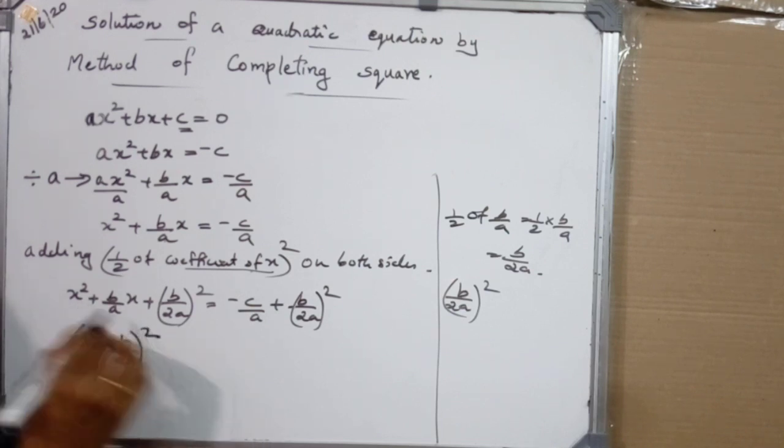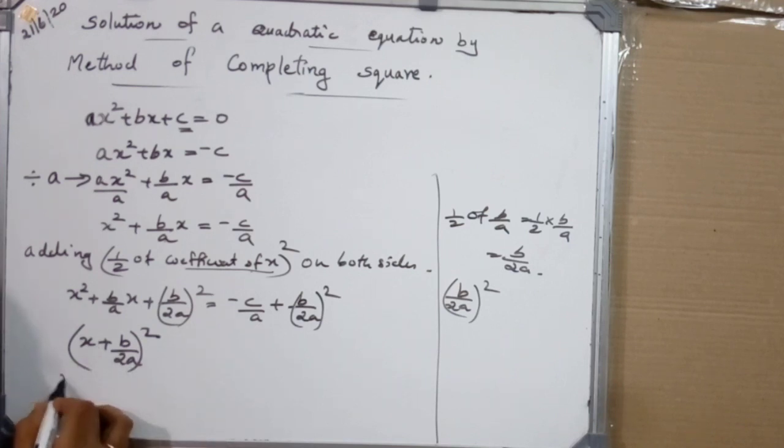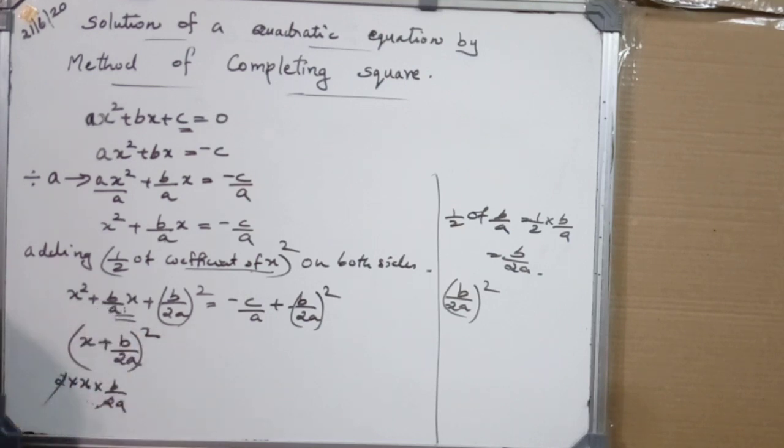This is now a, and this you take as b. So a plus b the whole square is a square plus 2ab plus b square. Let us see the 2ab term: 2 into x into b by 2a, the 2 cancels, we get b by a x. This term and the 2ab term are the same.